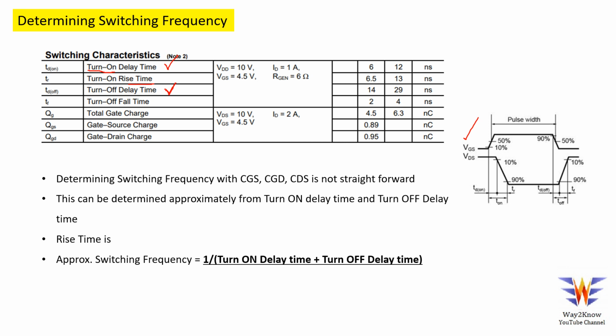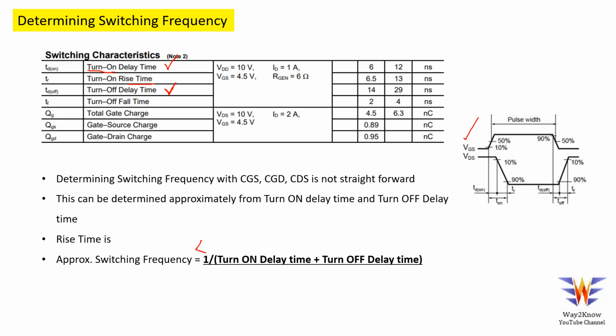So next time, if you are using a MOSFET and want to determine the switching frequency, the important thing is to check the turn on time and turn off time. One important factor to remember is that the switching frequency should always be less than 1 by T on plus T off. Additionally, operate it at 10% lower than this and consider that as the maximum. For example, if the calculated switching frequency is 10 megahertz, operate it at only 9 megahertz.